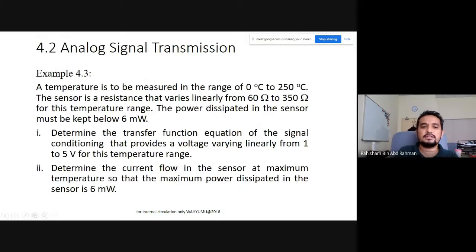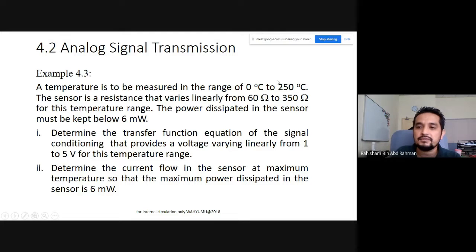Okay, so determine the transfer function equation of the signal conditioning that provides a voltage varying linearly from 1 to 5 volt for this temperature range. And then determine the current flow in the sensor at the maximum temperature. Have a look at this keyword, maximum temperature. The maximum temperature is 250.